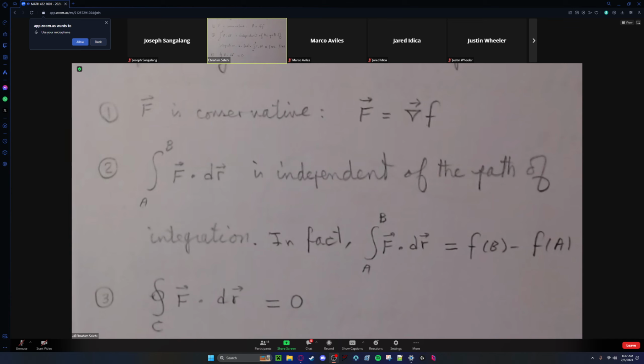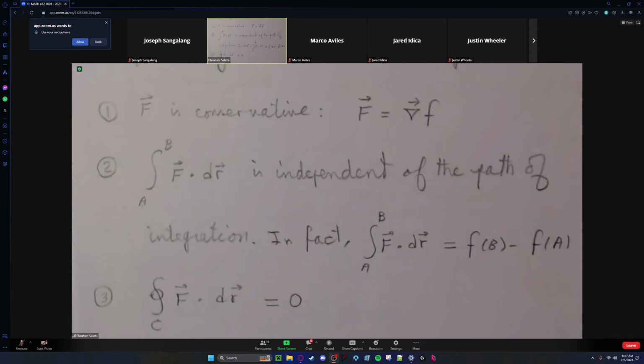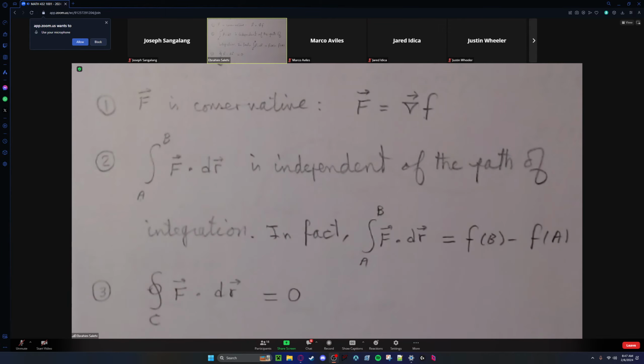And then the third one that is also equivalent to this, which constitutes the fundamental theorem of line integral, says if you are integrating on a closed curve, then you are going to get zero.